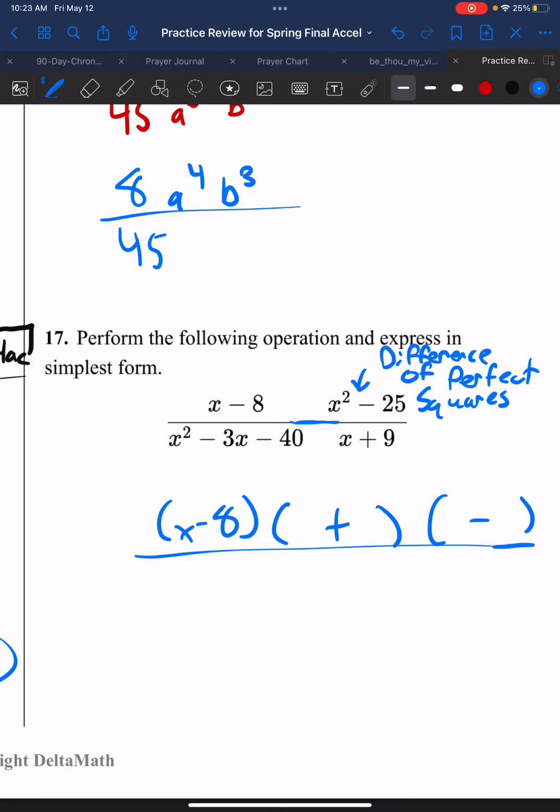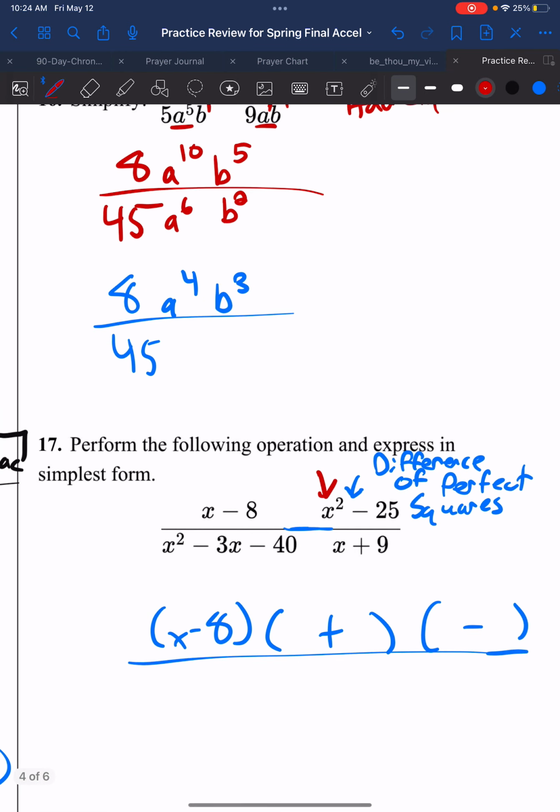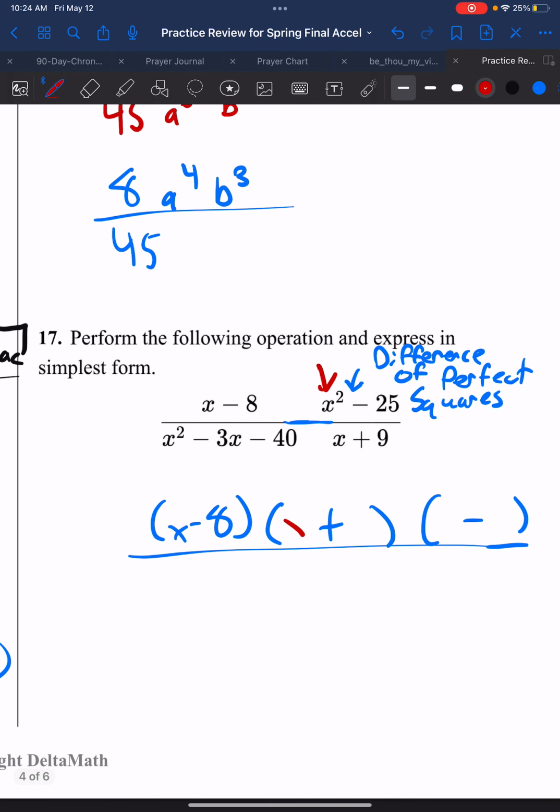When I'm doing difference of perfect squares, I just always set up those two parentheses with a plus and minus. And then this first part here, x squared, I'm going to take the square root of both of those and split them apart. So x in front, and then I take the square root of 25 here, which is 5. So 5 and 5. So x plus 5, x minus 5.